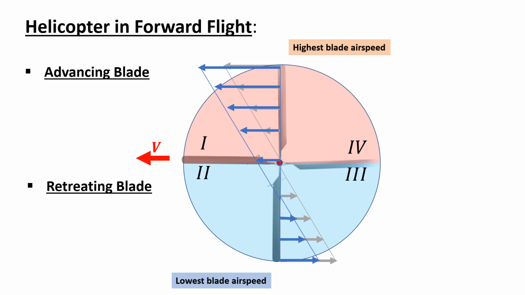For the advancing blade, usually the total velocity is higher, but for the retreating blade, the total velocity is reduced. We can expect the highest blade speed at here and the lowest blade speed at here. In the meantime, there are locations in here and there, and they both have the medium blade speed.